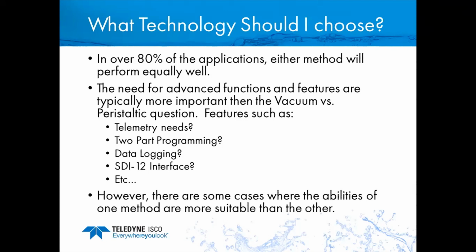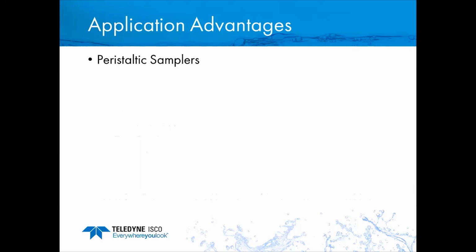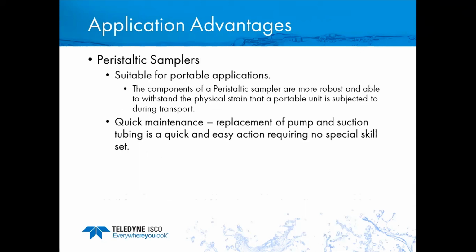But there are some cases where the abilities of one of the sampling methods are more suitable than the other. Peristaltic samplers are obviously more suitable for portable applications because the components of a peristaltic sampler are more robust and able to withstand the physical strain that a portable sampler is subjected to.